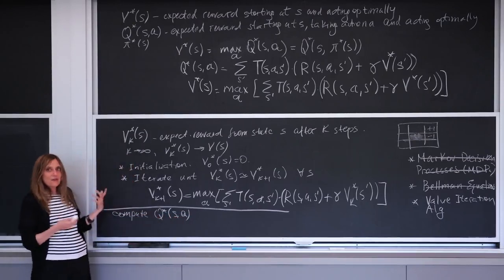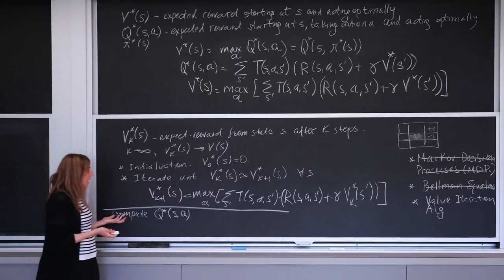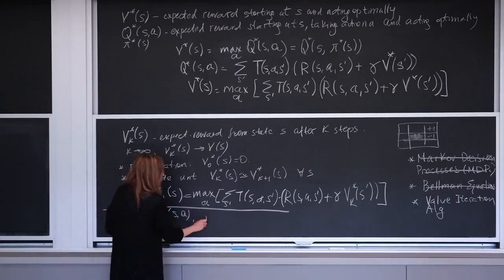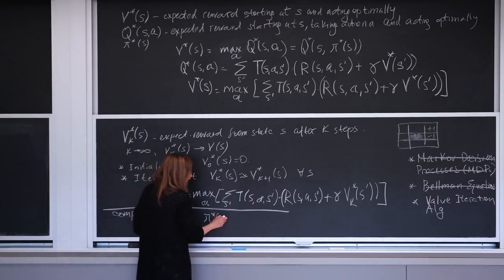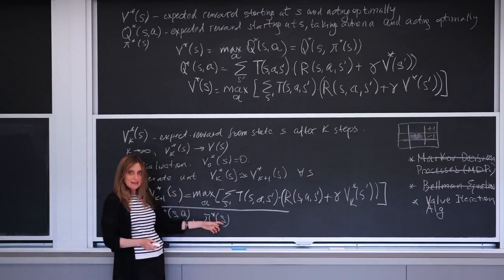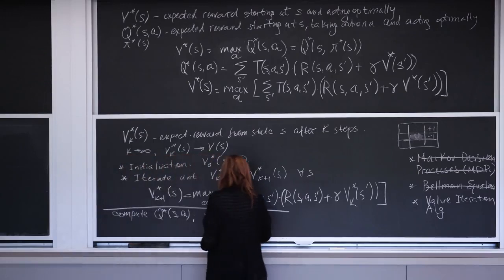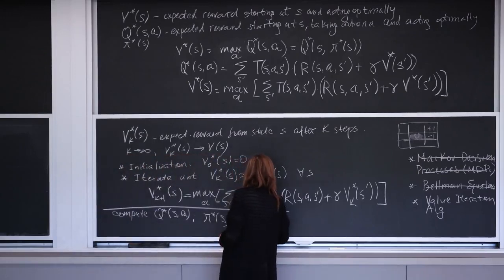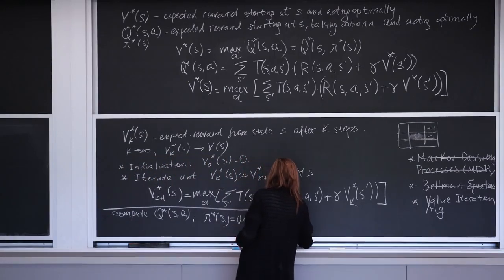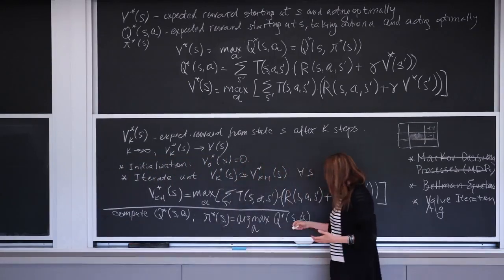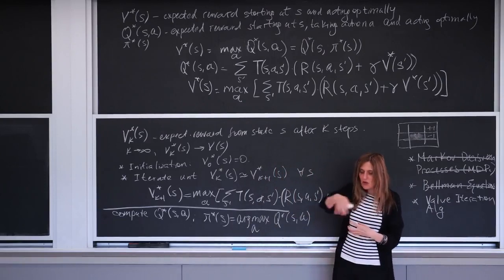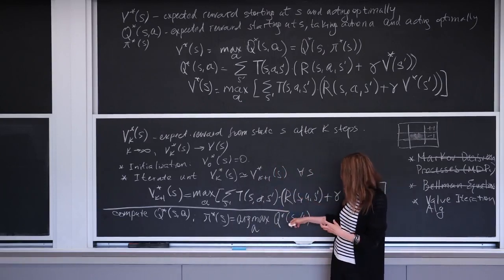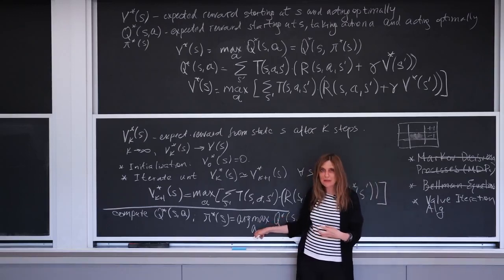And once we have all the Q values computed, the action A that we need to take in state S will be just argmax over A of Q star S, A. What it says is, for a given state S, check all the Q star S, A's and select the action which maximizes it.